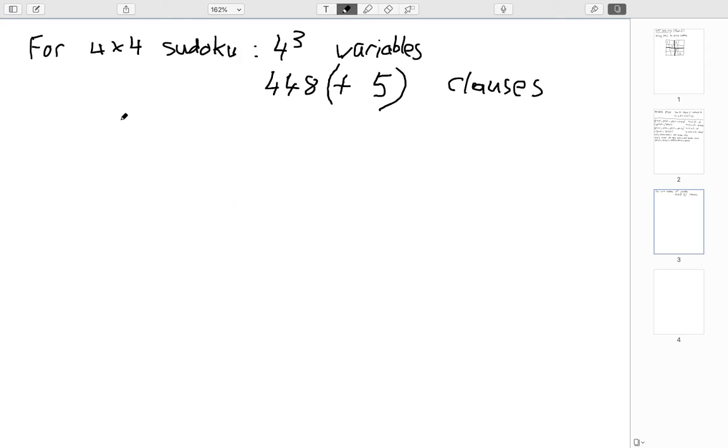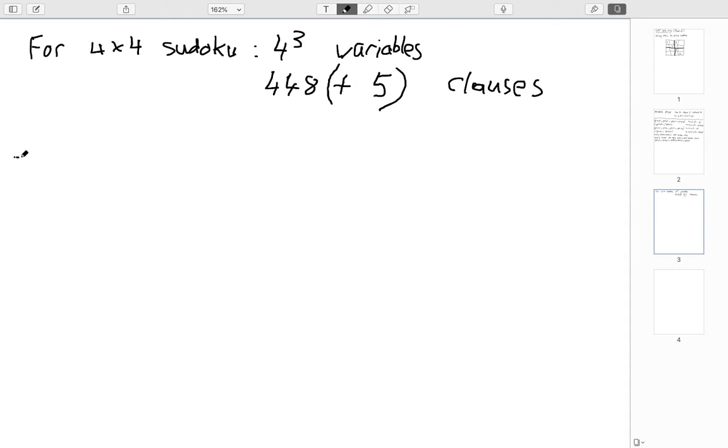But in this case, if we have all 448 clauses, it turns out that this guides the DPLL algorithm better than if we'd reduced it to many fewer clauses. I think the minimum number of clauses we can get away with instead of 448 for a 4 times 4 sudoku is, according to my calculation, 144. But anyway, it's more efficient actually to include all the clauses, or it seems to be, at least.